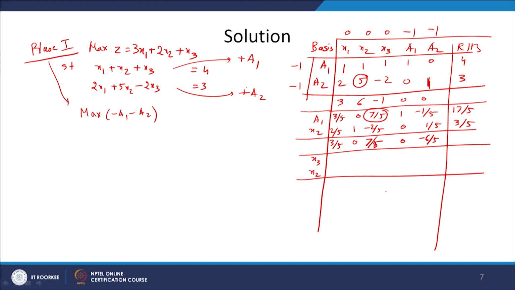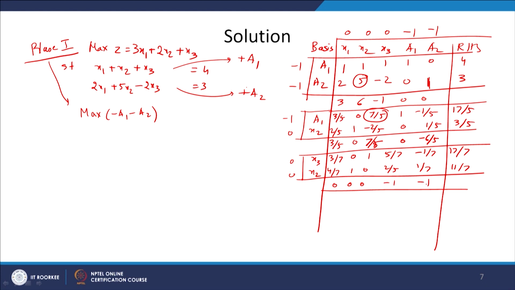This gives the new table as: the first row is 3 by 7, 0, 1, 5 by 7, minus 1 by 7, 17 by 7 and the second row becomes 4 by 7, 1, 0, 2 by 5, 1 by 7 and 11 by 7 and the deviation row becomes 0, 0, 0, minus 1, minus 1.